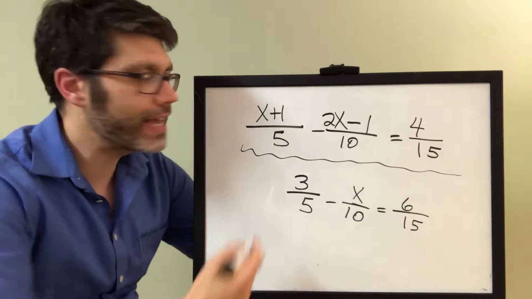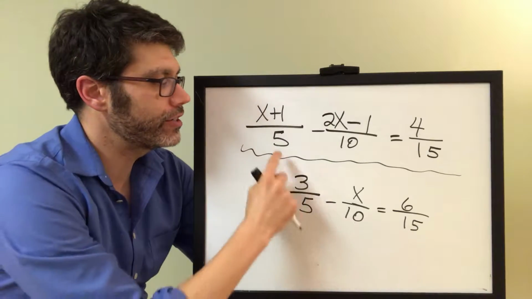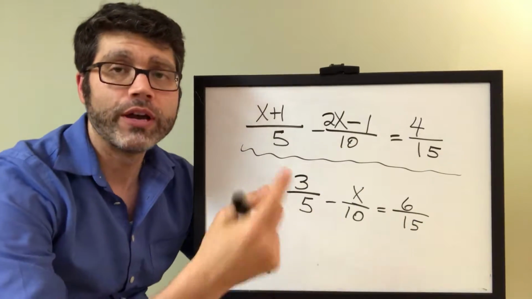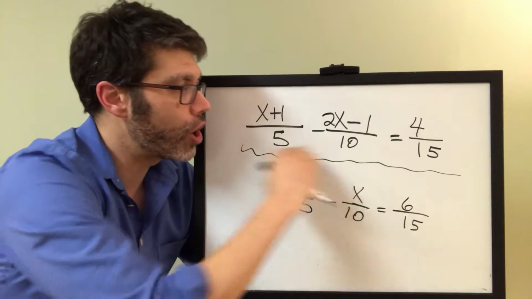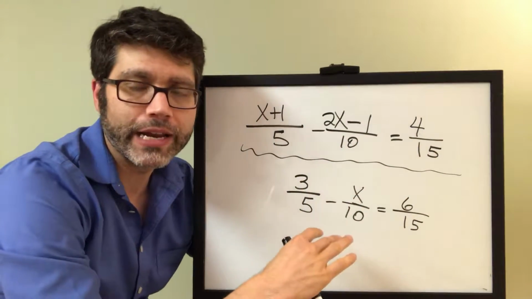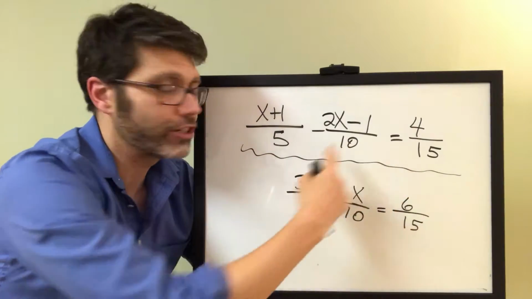All right, so here we have cases where our fractions have denominators that are different. In the previous video, we were doing these sorts of problems where all the denominators were the same. Now we're going to take it up a notch, and all of these denominators are going to be different.